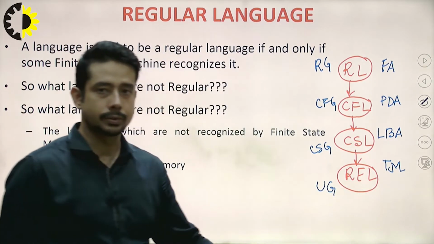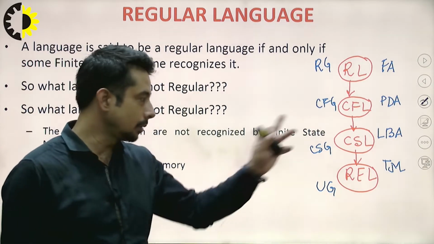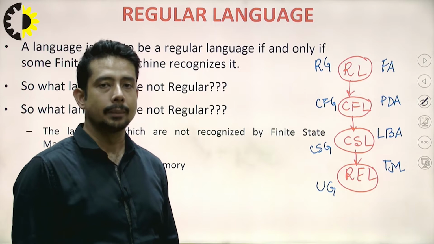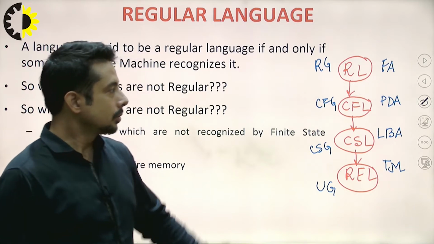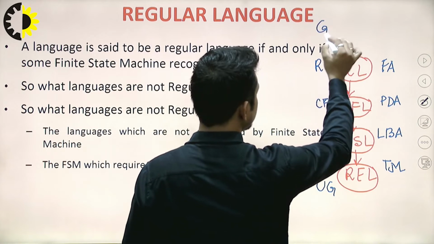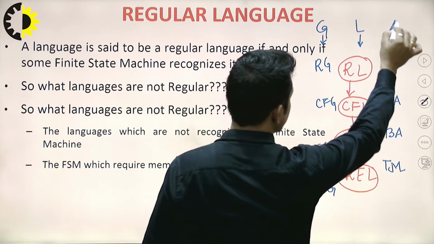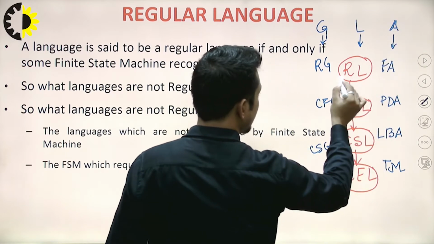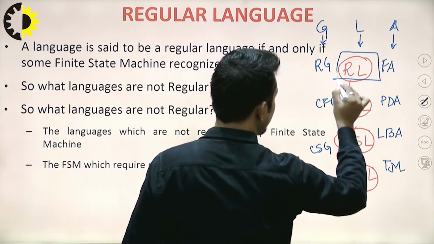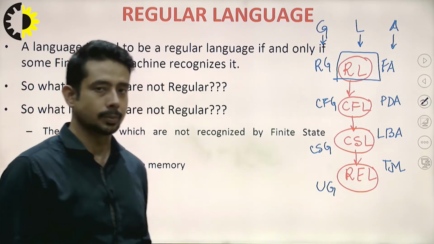There is no restriction in the grammar; every possible string in the universe can be generated from this grammar. So overall, this is the generator part, this is the language part, this is the acceptor part, and in the case of regular language, we also have a representator, which we have already understood, the regular expression.